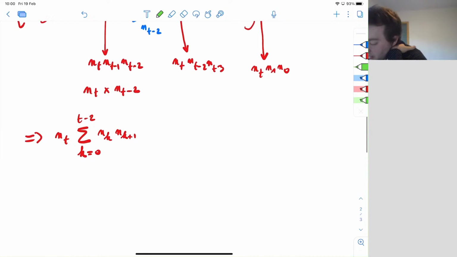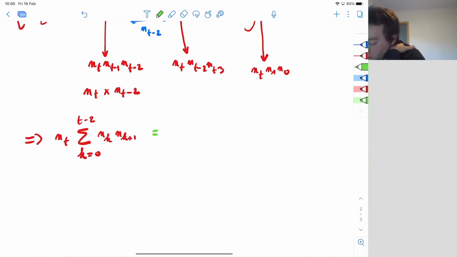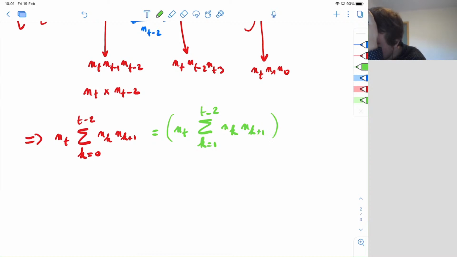And similarly here, we can do that, but we omit the one for k equal 0. So we'll have nt times the sum from k equal 1 up to t minus 2 of nk times nk plus 1, and then we add back the one we omitted, which is nt times n0 times n1, right?